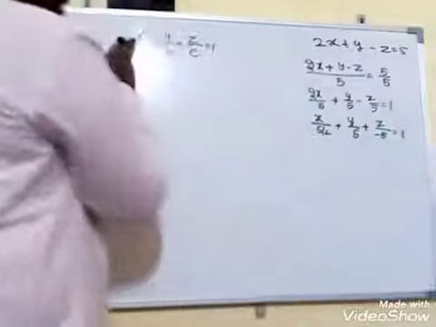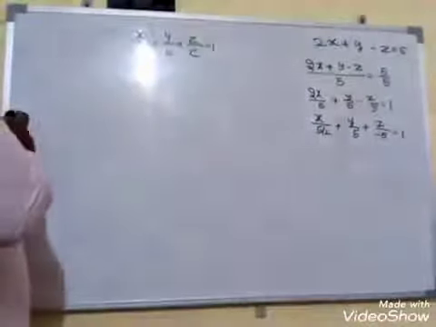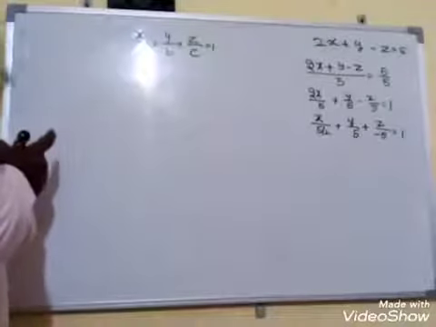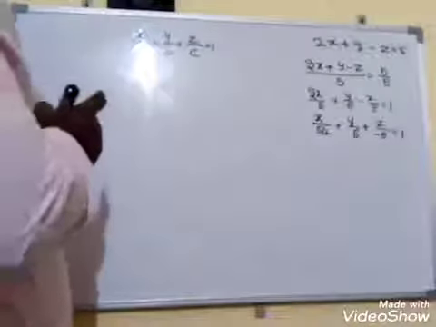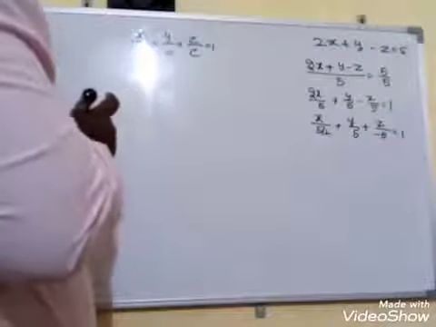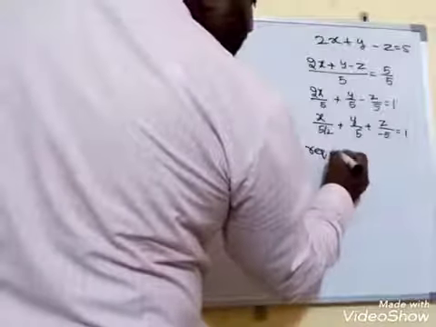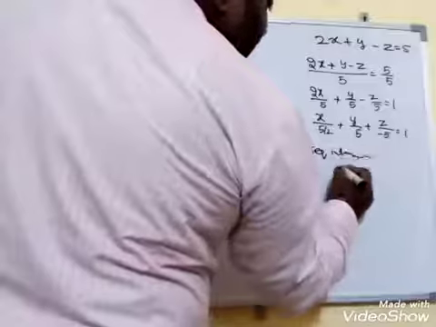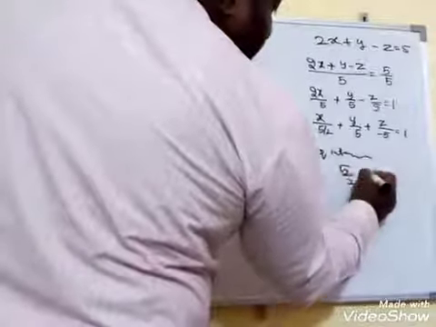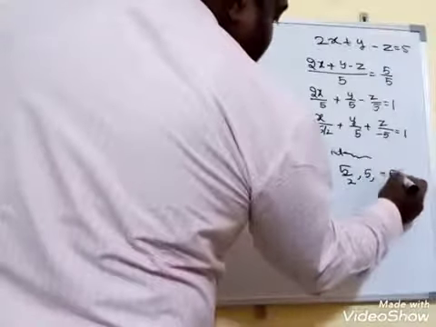Minus intercept means it makes an intercept on the negative z-axis. Therefore, the required intercepts are 5 by 2, 5, minus 5.